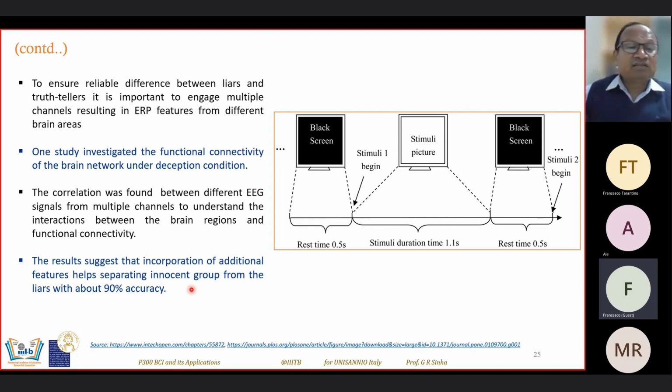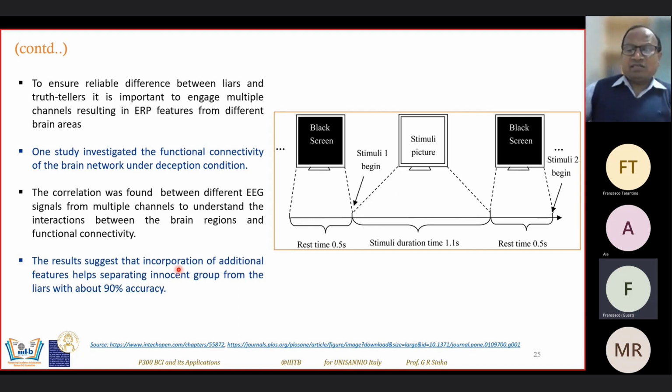But what is important is that additional features, additional information given by the person will help us to separate other people, because in a criminal investigation, when some crime has happened, the investigating team may ask a number of people to come and join the investigation. In that case, those who are not liars can be separated from a very small group, where the liar is likely to be.